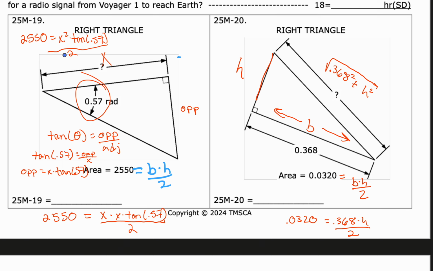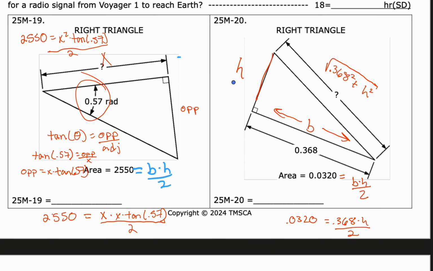One way we can relate these two sides is through tangent, and the reason we want to do that is because the area of this triangle is going to be the base, which is the side in question, times the height. Using tangent equals opposite over adjacent, tangent of that angle, 0.57 radians, is the opposite side over the unknown side, x.